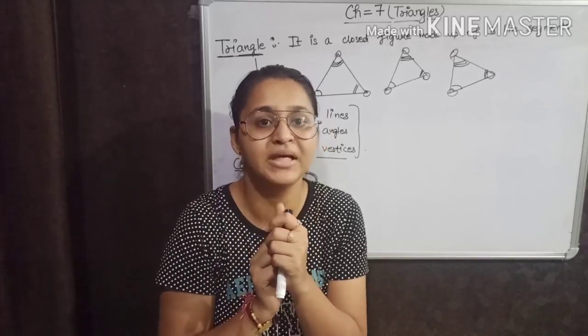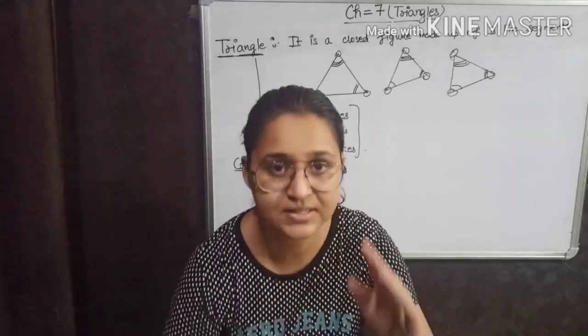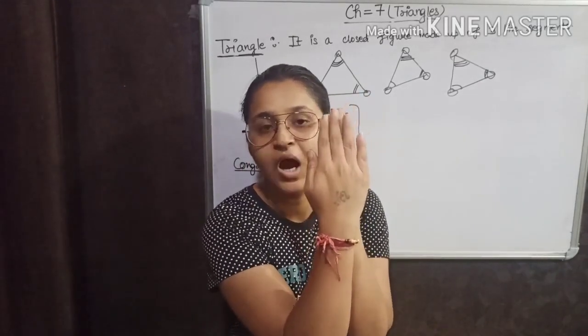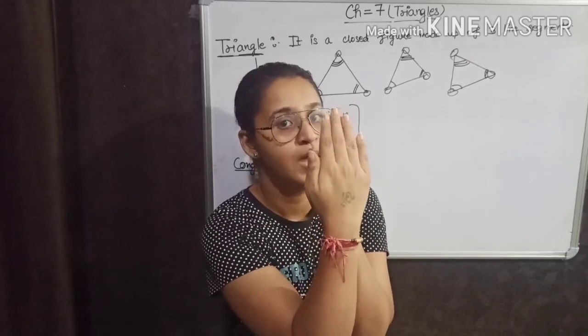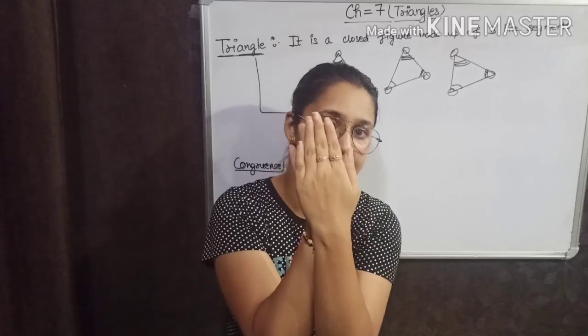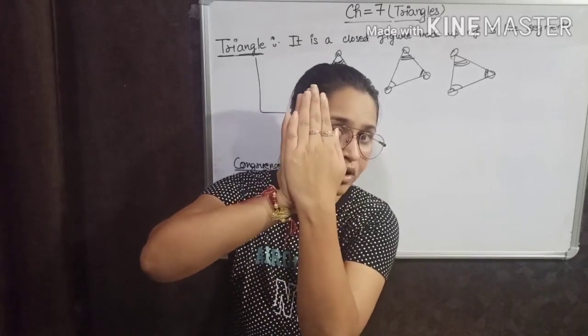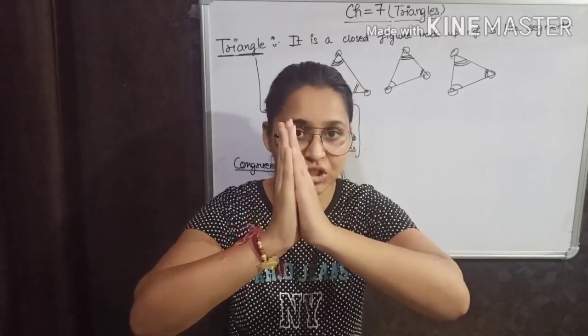Must overlap means if I am putting one object, like I have 2 hands, okay. If I am putting this hand over this hand, are you able to see my back hand now? No.